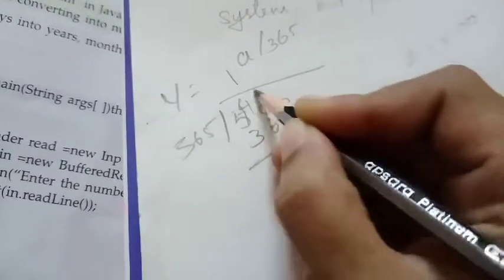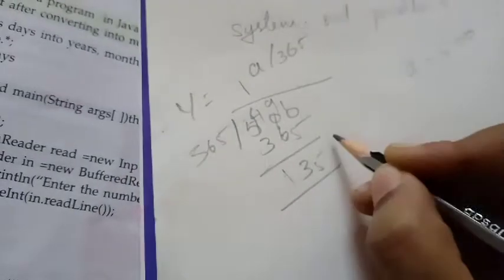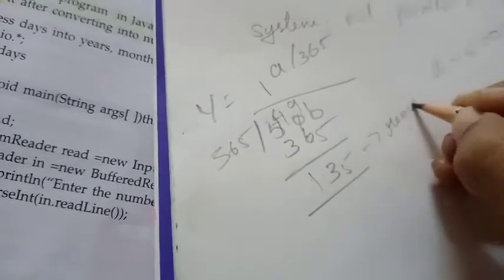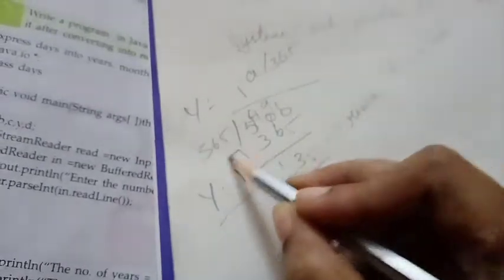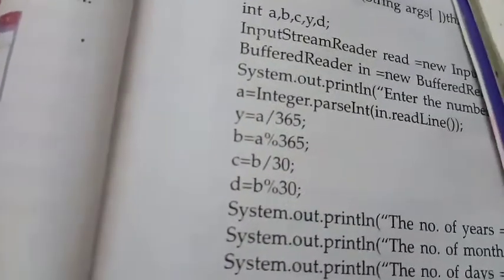Here it will be 4 borrowed, 9 and 10, so 5, 3 and 1. 135 days are remaining. So this is your remainder. But in y what value will be stored? 1. So this is your 1 year. And b is going to be, b is equal to a mod 365.